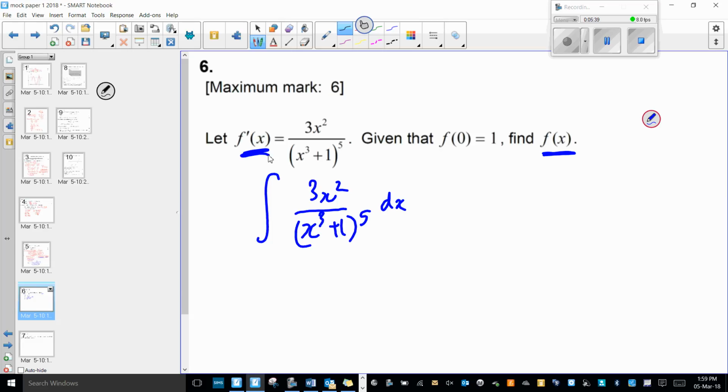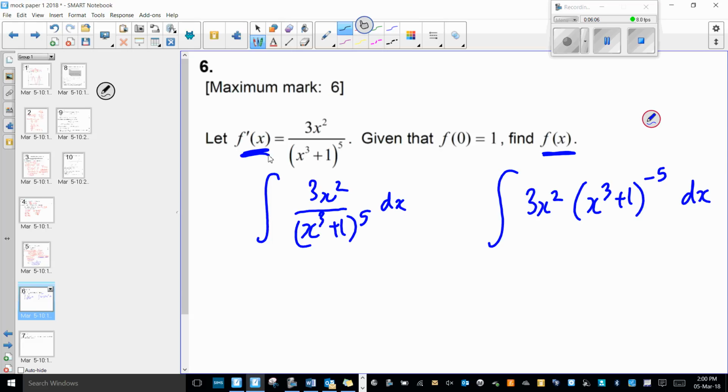So what I could do is to say this is 3x squared times x cubed plus 1 to the power of negative 5. Alright, so I remember when we're integrating, we're looking for the main body of the expression to integrate.